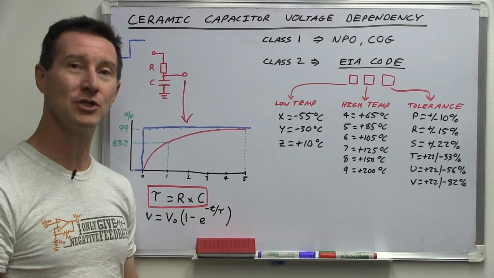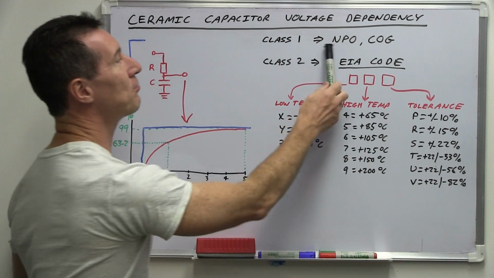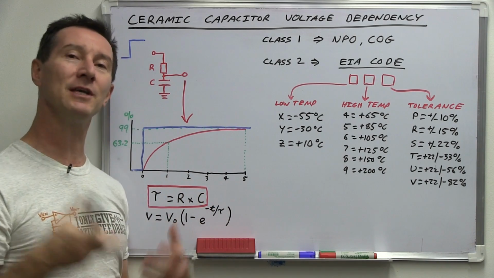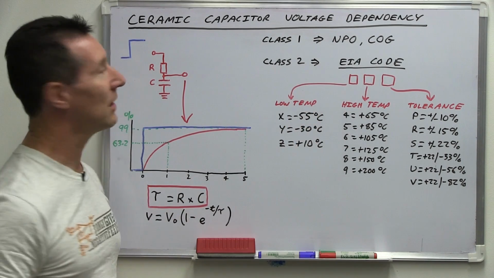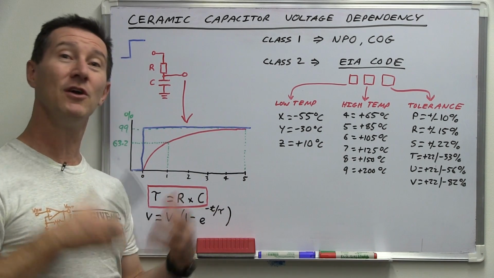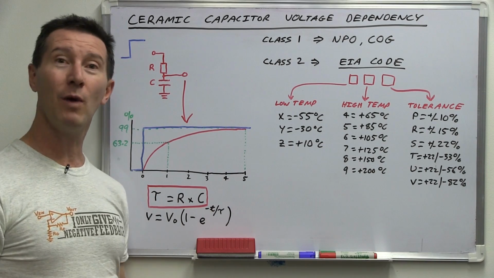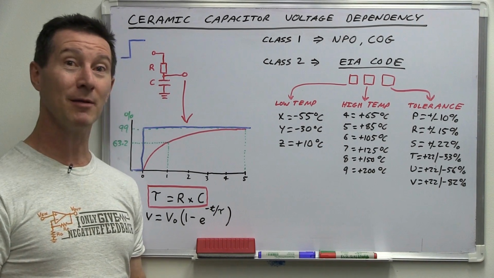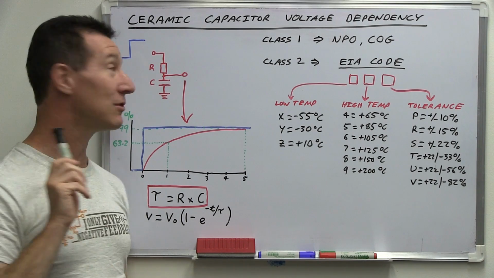They basically do not change with temperature. So they're typically your low values. You know, your 1 nanofarads and under you can get in these NPO COG types, but your larger capacitance values, you know, your hundreds of nanofarads, your microfarads, or your modern ones, you can get hundreds of microfarads now in little surface mount ceramic packages. The technology is absolutely incredible.